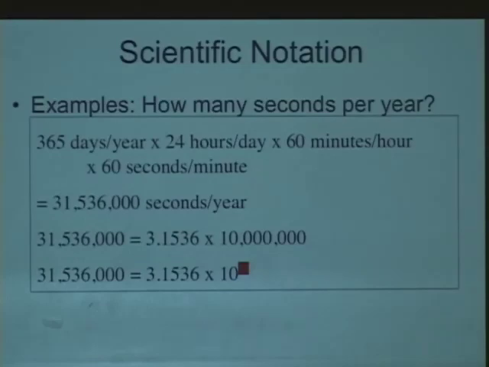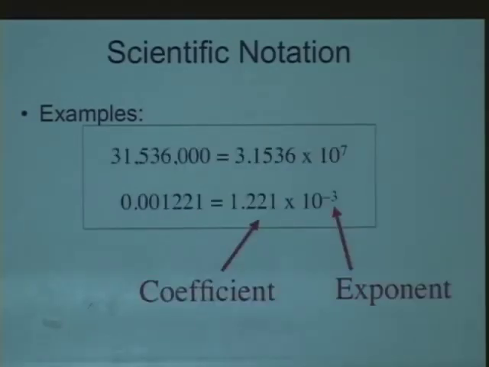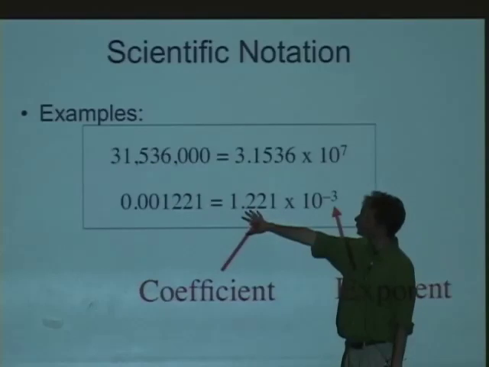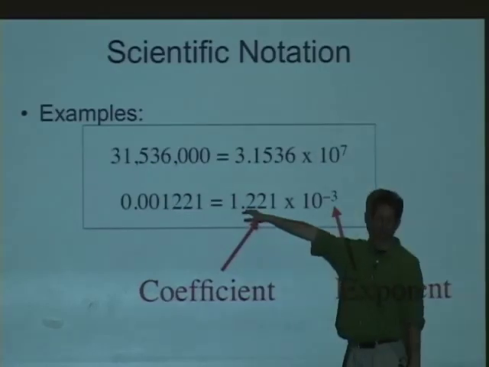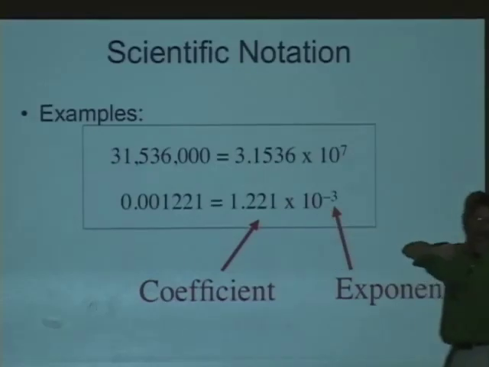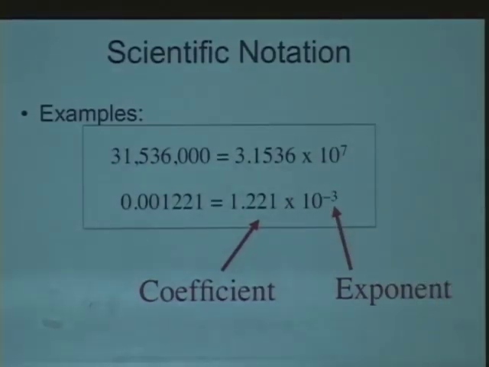So the number of seconds in a year is 31,536,000, or about 3.15 times 10 to the 7th. Okay, and this is basically scientific notation. Whatever number you're working with, you can transform it into a number between 1 and 10, which is called the coefficient, times the power of 10, which is the exponent.